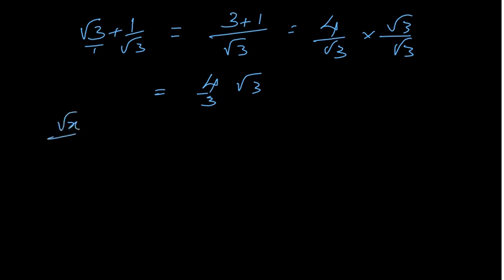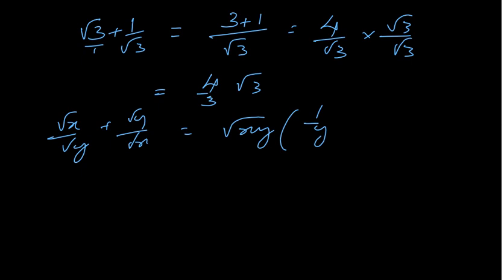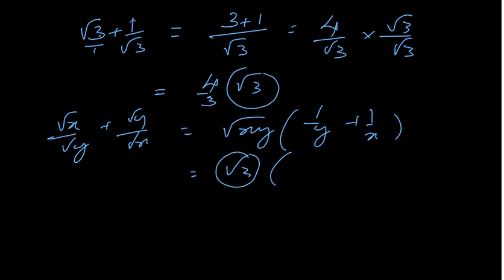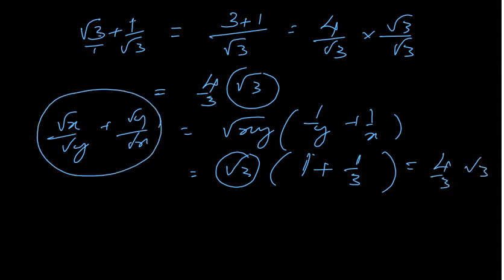You have root x divided by root y plus root y divided by root x, and what we got was root xy times 1 by y plus 1 by x. So this is the x and this is the y. That's root 3, this root 3. 1 by y is 1 by 1, plus 1 by 3, where x is 3. So you'll have 4 by 3 into root 3. So if you remember this general formula, you can get the straight answers.